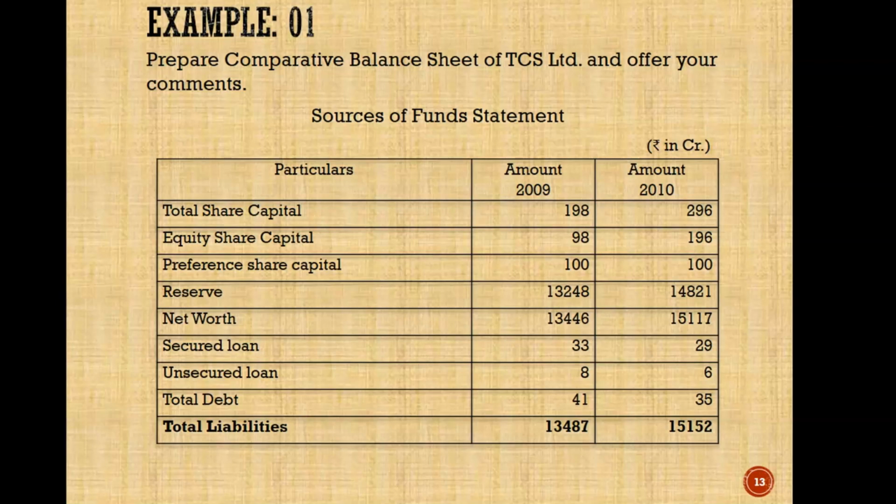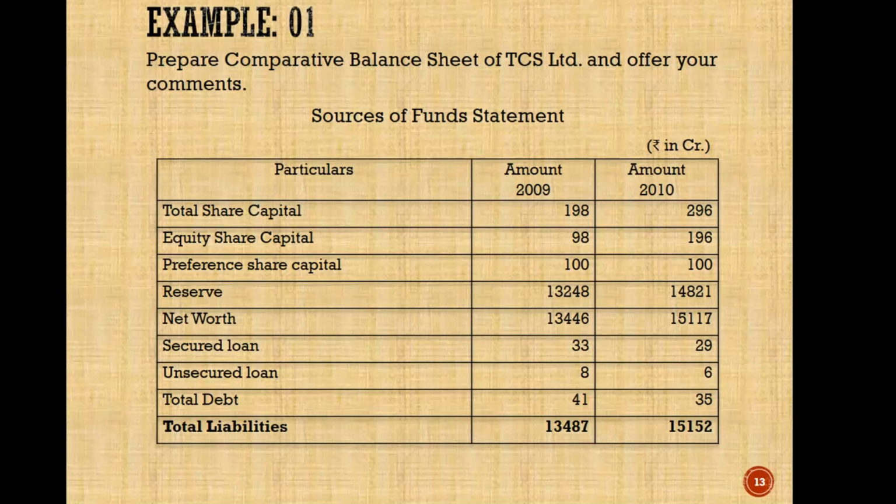That is, this information is given in a vertical form of balance sheet. In the sources of fund statement, all the items mentioned here are concerned with the liability side of the balance sheet. The data given is of 2 years, that is 2009 and 2010.